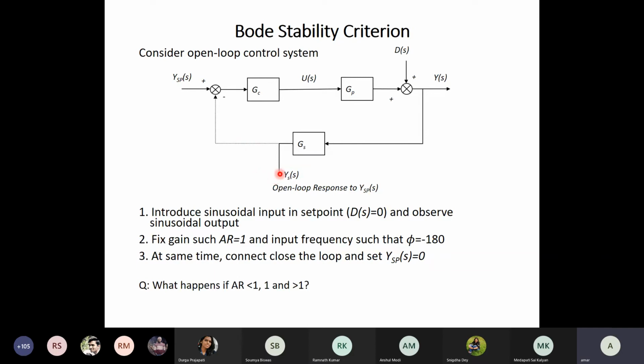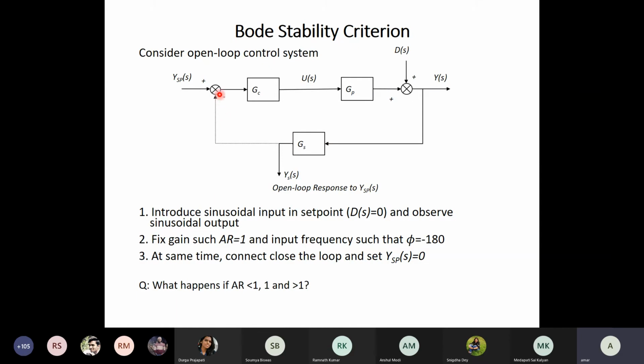Now once you get that, this signal, which is now giving me minus AR sine omega t, I connect over here, but at the same time I put this YSPS equal to 0. So I close this loop where the signal is minus AR sine omega t, and there is no signal from the YSPS, but I'll get minus AR sine omega t added here.